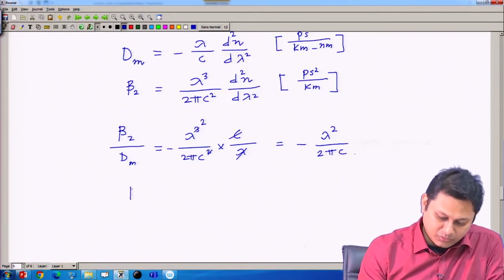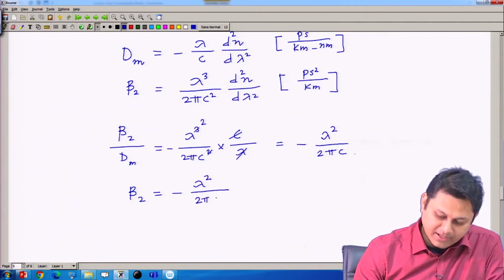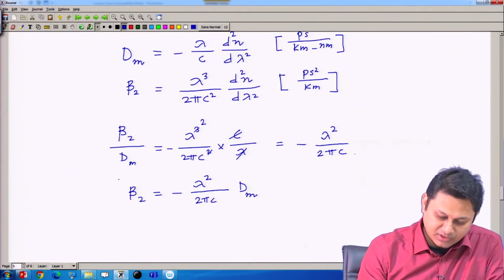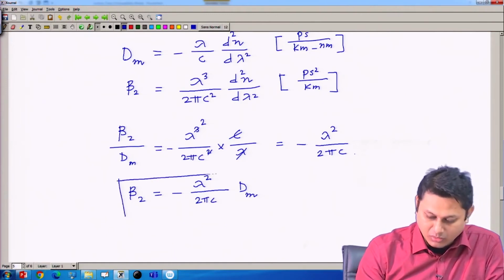So, if I calculate beta 2, I can convert this term to dm. If I calculate dm, I can convert the term to beta 2. So, this is basically the relationship between beta 2 and dm.